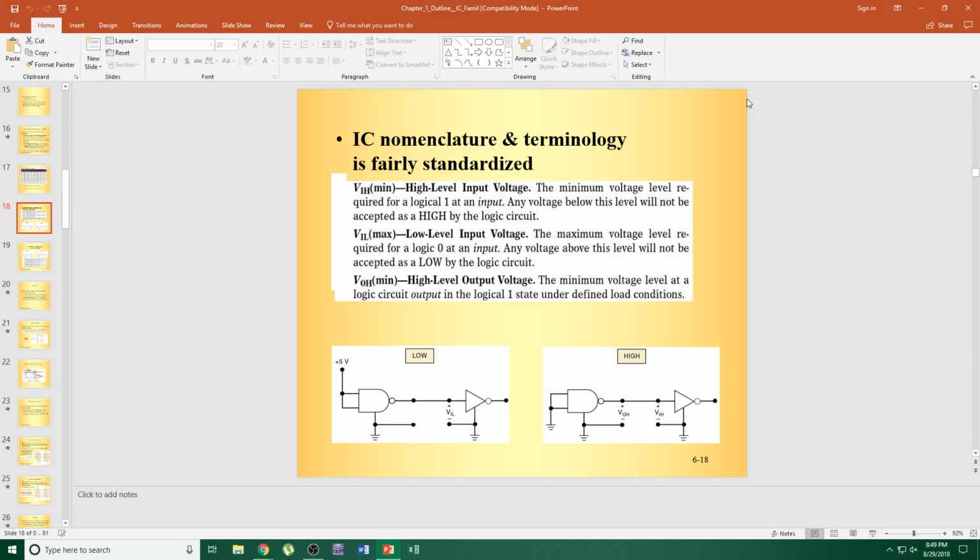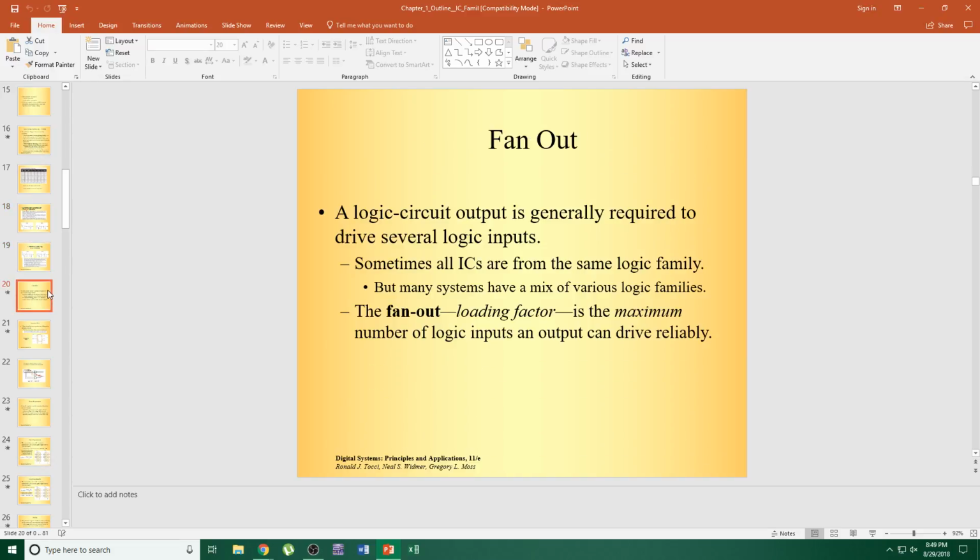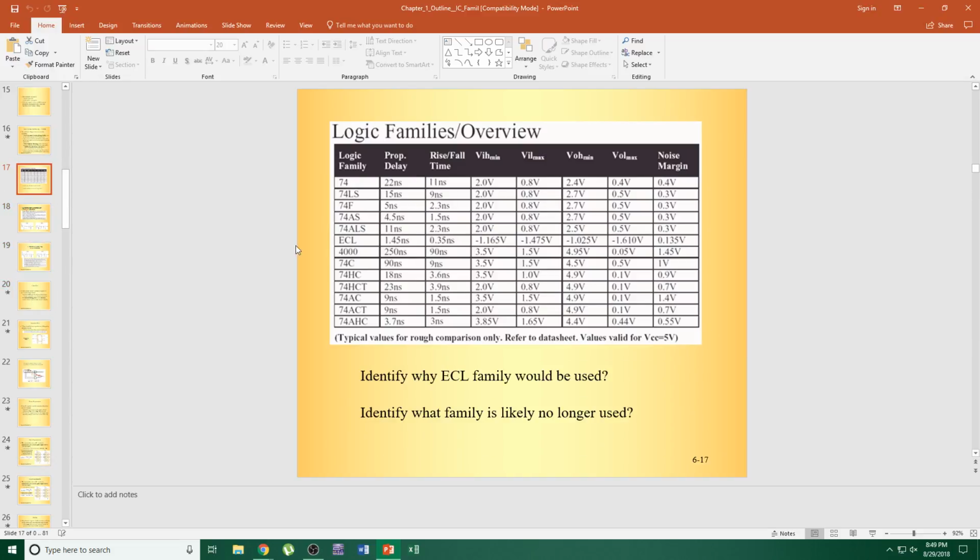Okay, so none of this is very complicated per se. I mean, do I have to memorize all of these propagation delays? That doesn't seem logical at all.